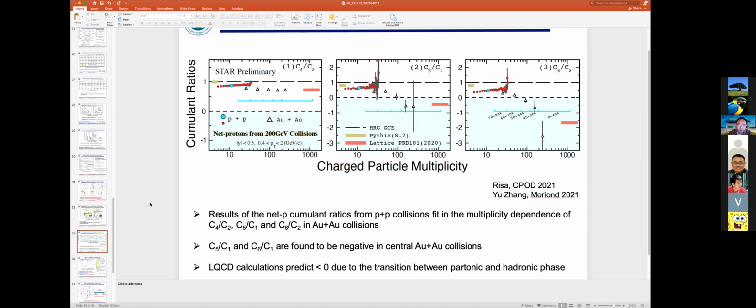For this plot, someone argued, I don't remember who, that if we use net-proton instead of net-baryon from model calculations, it should be more negative. But I don't remember the argument. The moment you go from baryons to protons, you get closer to Poisson because you fold it with another binomial.